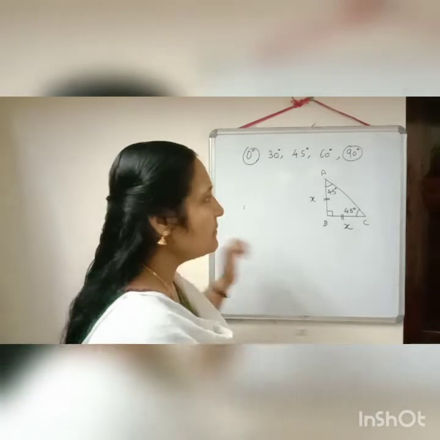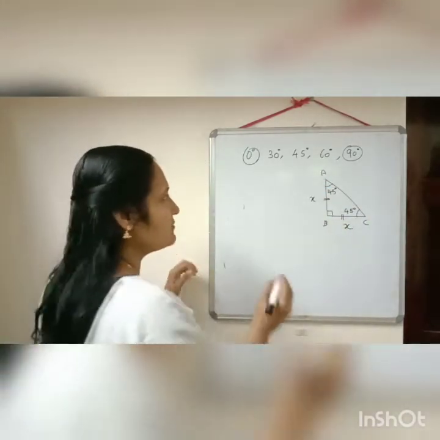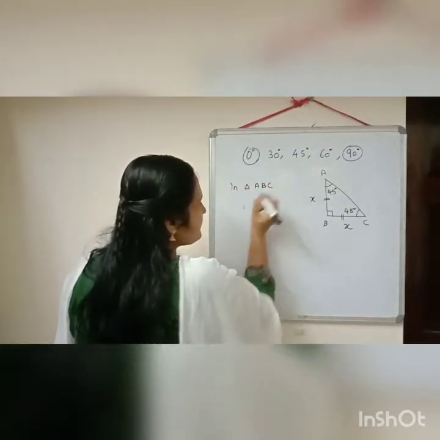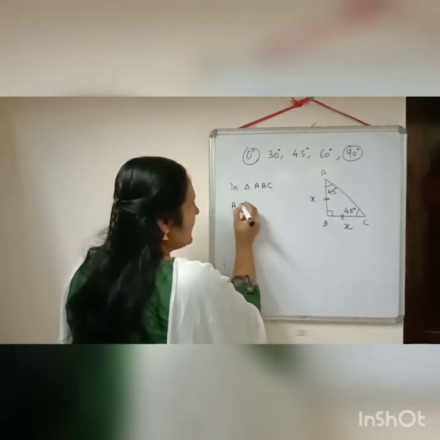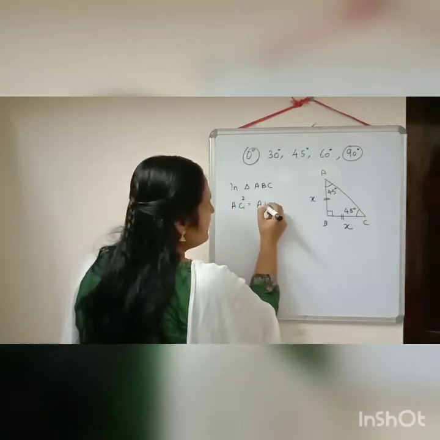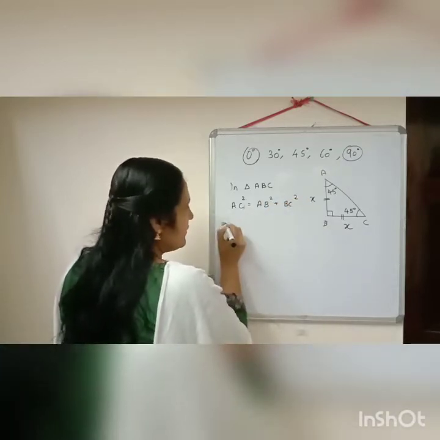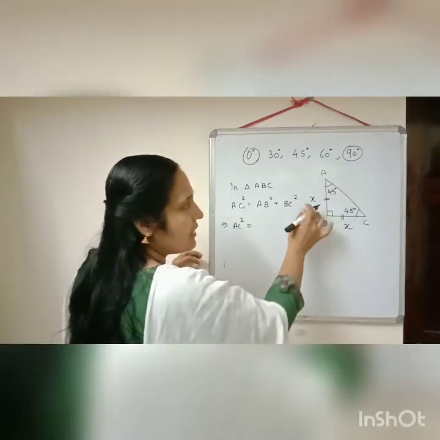Now what will we do? We will calculate the length of AC using the Pythagoras theorem. Just write down there, in triangle ABC, what will come according to the Pythagoras theorem? Yes, AC square is equal to AB square plus BC square. Now substitute the value. AB is equal to how much?